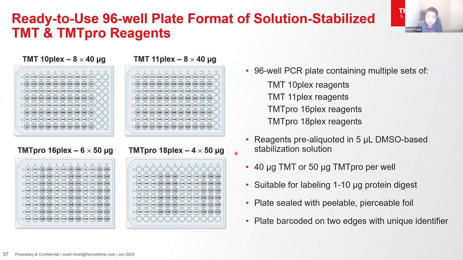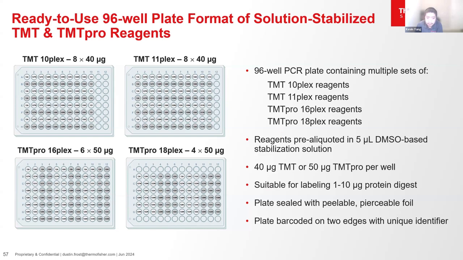And we see the need, so we also launched the ready-to-use 96-well plate. We have the 10, 11, 16, and 18-plex reagents available so far. If you are interested in the deuterated series, we have the 32-plex on demand. If you're interested, feel free to reach out and we can customize the plate for you.